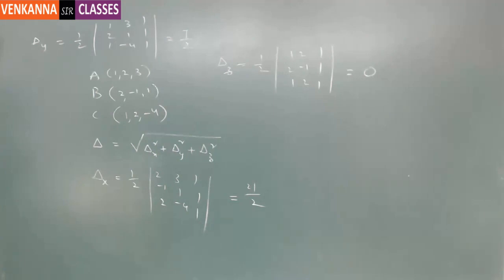So obviously 1 by 2 into square root of 490 is the area, because 21 squared is 441, 7 squared is 49. If you add, you will get 490 in the square root. So 1 by 2 will be taken out from the square root. So 1 by 2 into square root of 490 is the answer, square units.